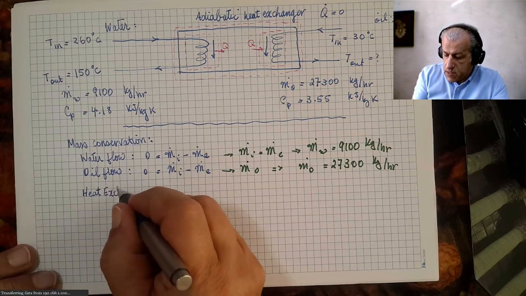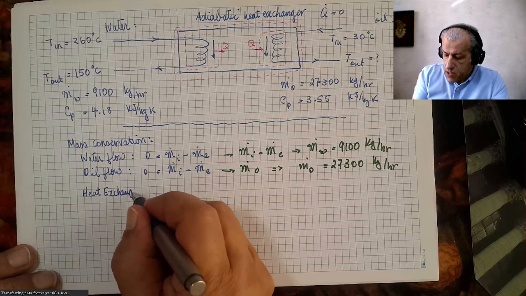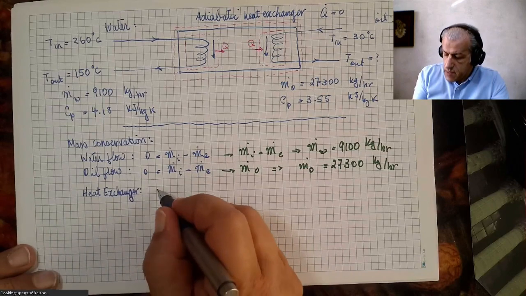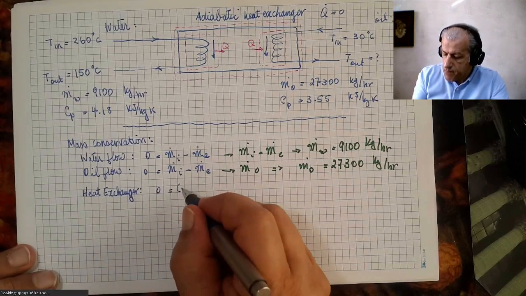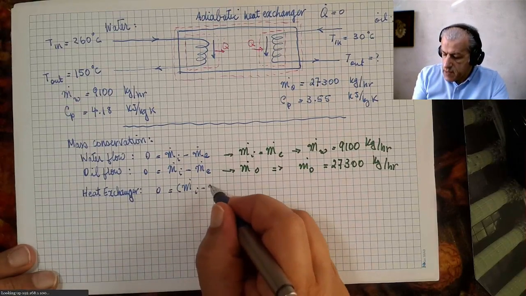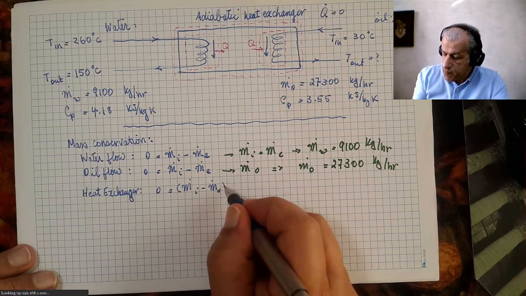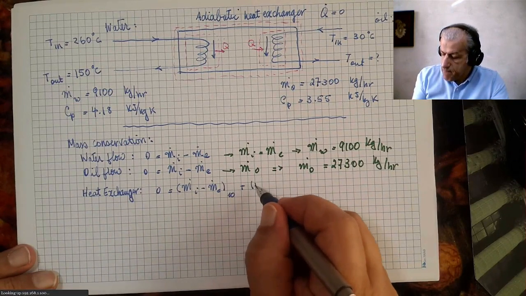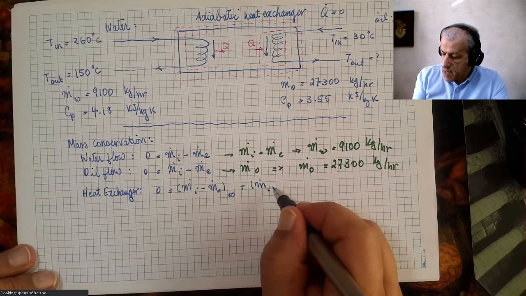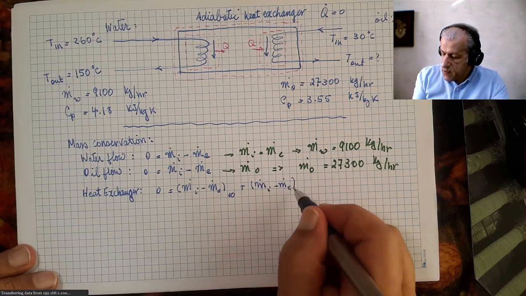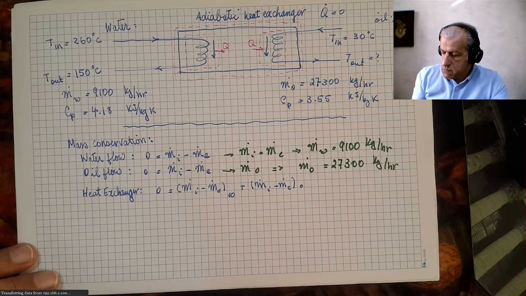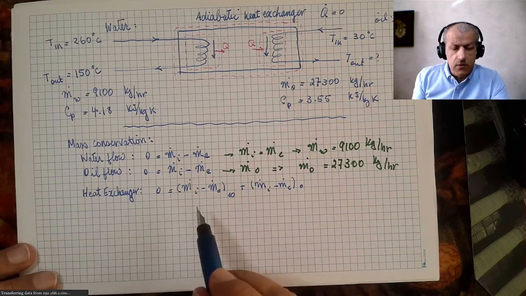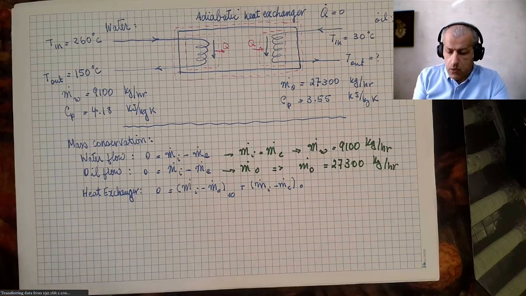For the heat exchanger, we could write 0 equals m dot I minus m dot E for water plus m dot I minus m dot E for oil. And that's all there is to it. We can't add these terms together because we can't add water and oil together.